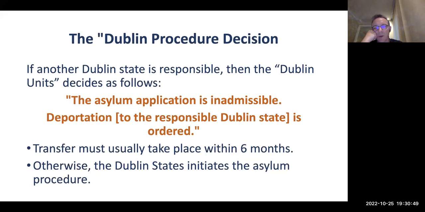The transfer has to take place within 6 months. Otherwise, if the transfer does not happen after 6 months, let's say in my case Germany towards Italy, then Germany becomes responsible again, and the asylum application would then be processed in Germany. It's very important that these deadlines are clearly set in the regulation, because it makes sure that after these deadlines, at least at some point, you know and determine which country is responsible.